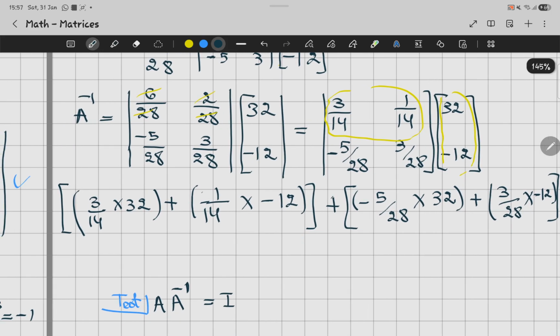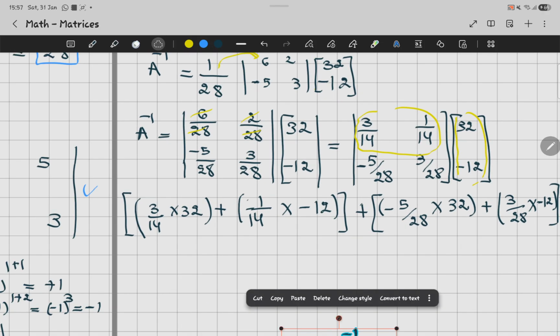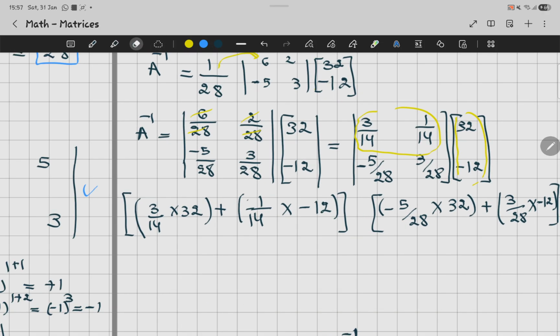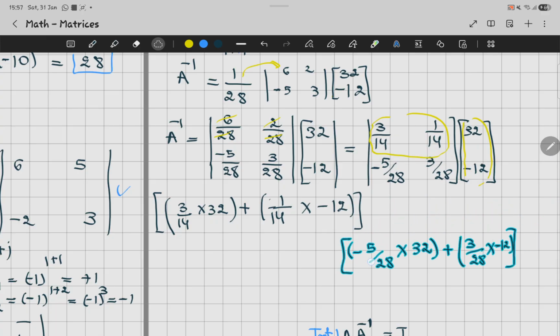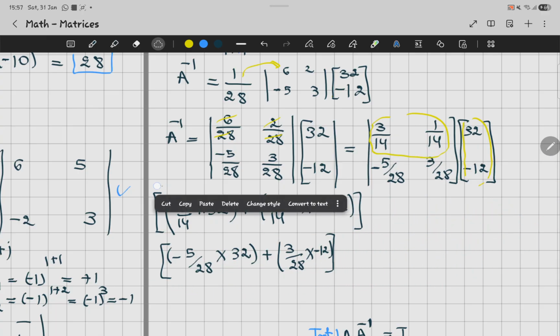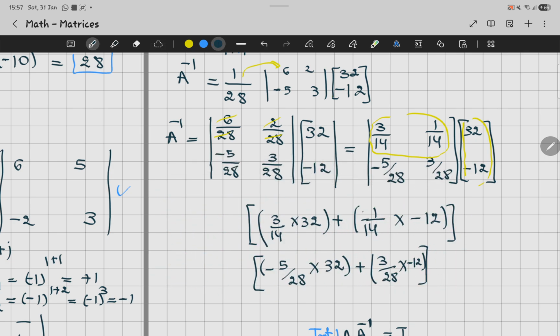Since it's not going to be plus, it's going to be over. So we'll get something like this, one over that one. So this is what we're going to get here as one matrix.